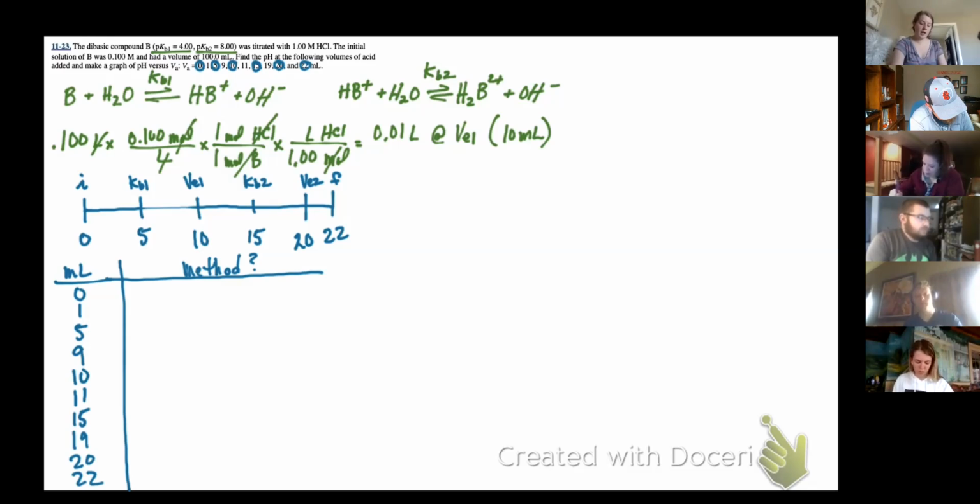So then I'm getting a K value of x squared over 0.01 minus x. And then I set that equal to my KB1, which is 1 times 10 to the negative 4th. Then I solved for x by ignoring the x in the denominator, and I got x equals 0.001, which would give you a pOH of 3 and a pH of 11.